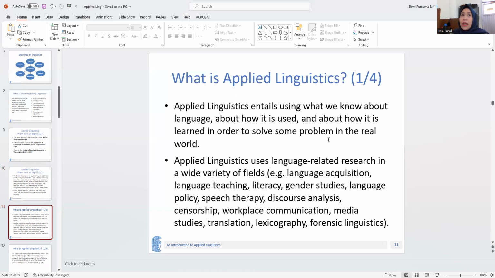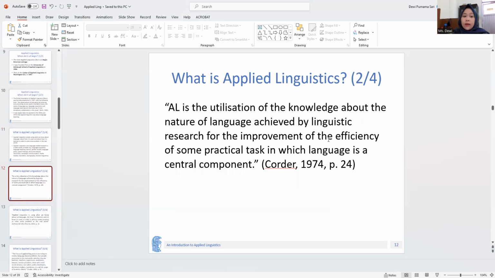So it actually has wide aspects that we study in applied linguistics itself. And then AL, or applied linguistics, is the utilization of the knowledge about the nature of language achieved by linguistic research for the improvement of the efficiency of some practical tasks in which language is a central component.